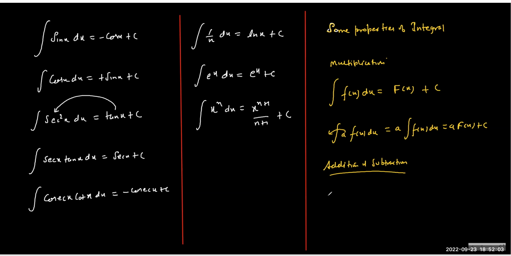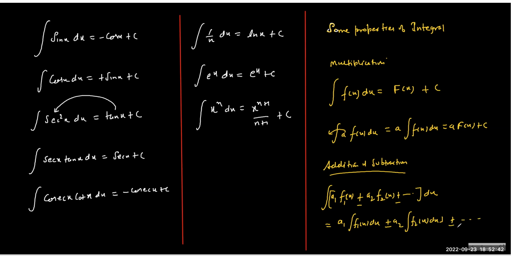If you have multiple functions, let's say a1 f1(x) plus or minus a2 f2(x) and then dx, you can split the plus minus and put the integral for every function separately. So it will become a1 times the integral of f1(x) dx plus or minus whatever it is a2, you can take it outside, times the integral of f2(x) dx, and so on. So very simple rule, not to be mucked up. It's a logical thing.